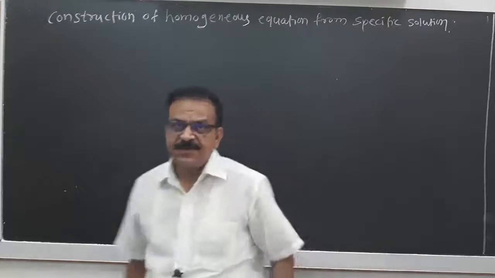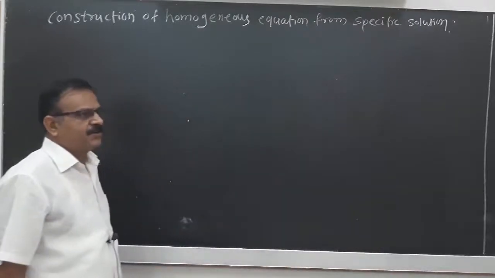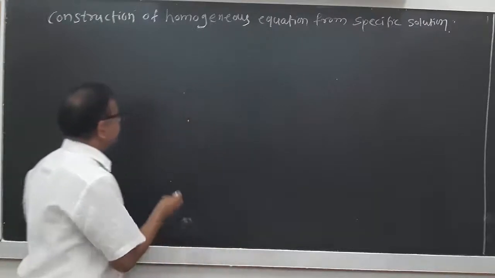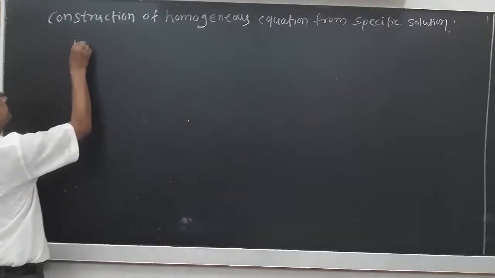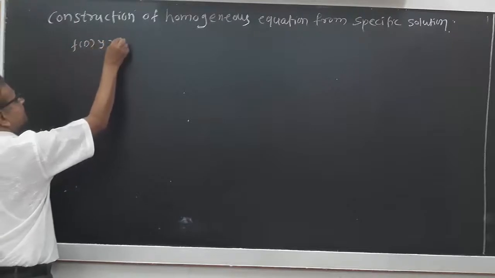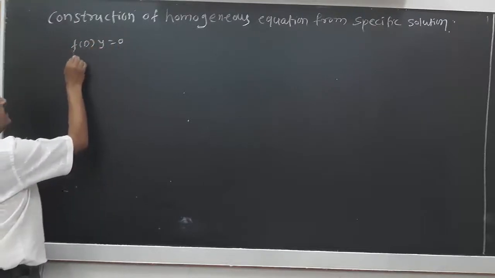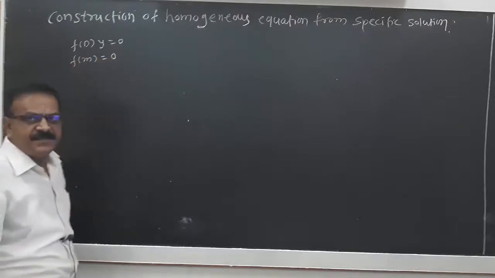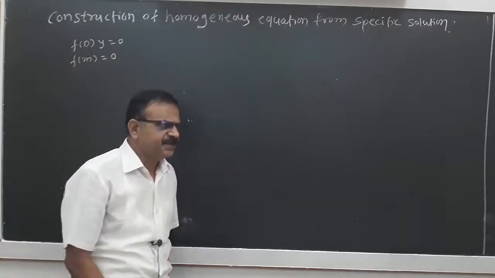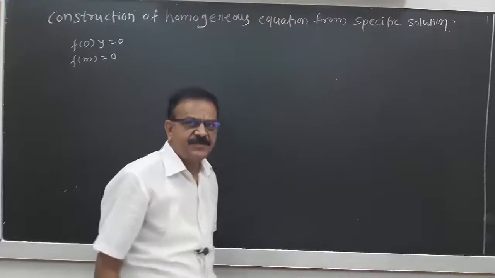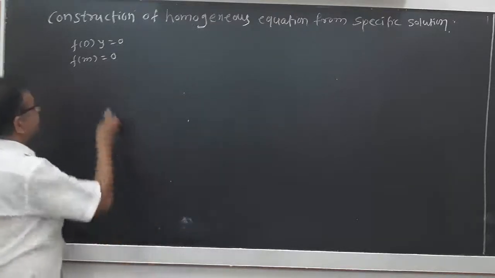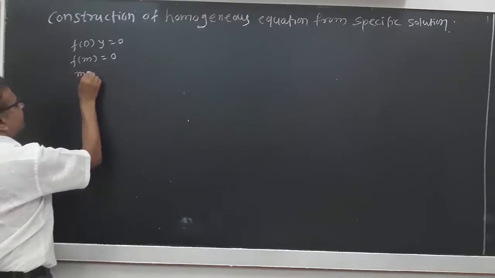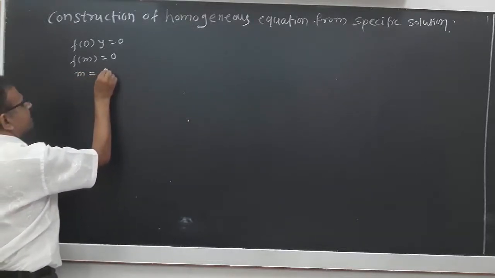In the last chapter, we had learned how to find the solution of the linear differential equation f(D)y equal to 0. We know that the auxiliary equation of this differential equation is f(m) equal to 0, and its roots are m equal to some numbers.